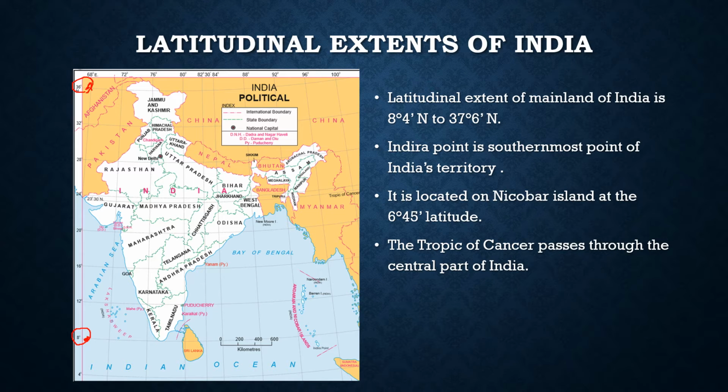Indira Point is the southernmost point of Indian territory. It is located on Nicobar Island at 6 degree 45 minute latitude. See on the map. The Tropic of Cancer passes through the central part of India.